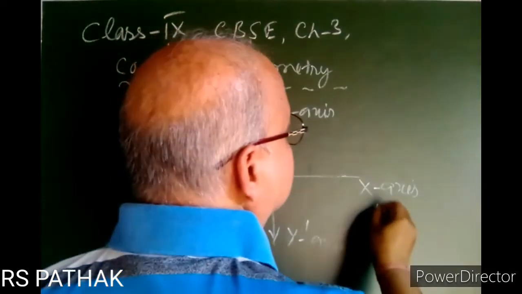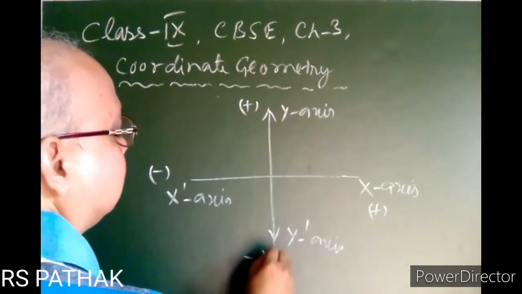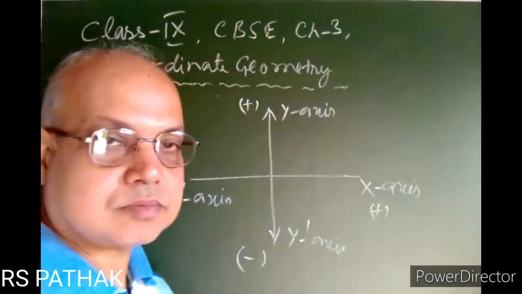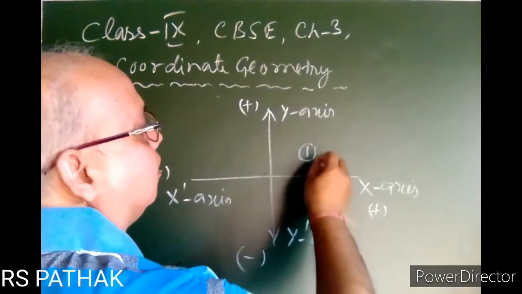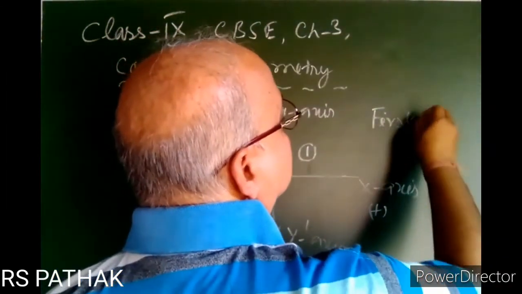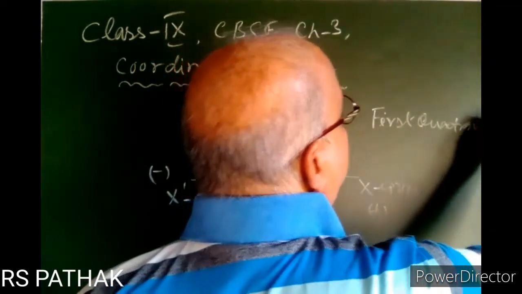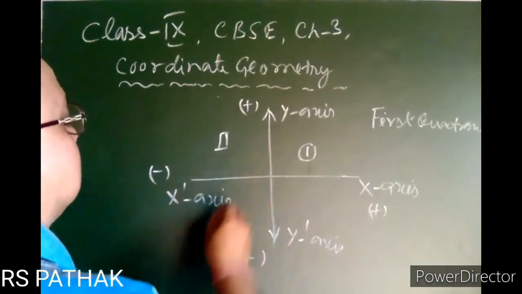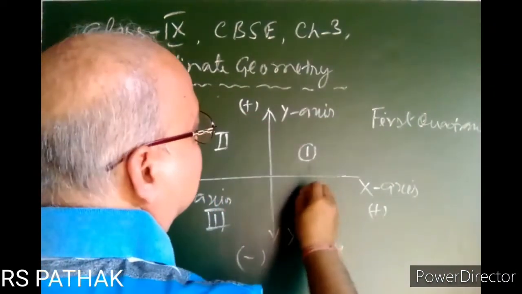This is the positive direction of x, this is the negative direction of x, this is the positive direction of y, this is the negative direction of y. This is called the first quadrant, second quadrant, third quadrant, fourth quadrant.